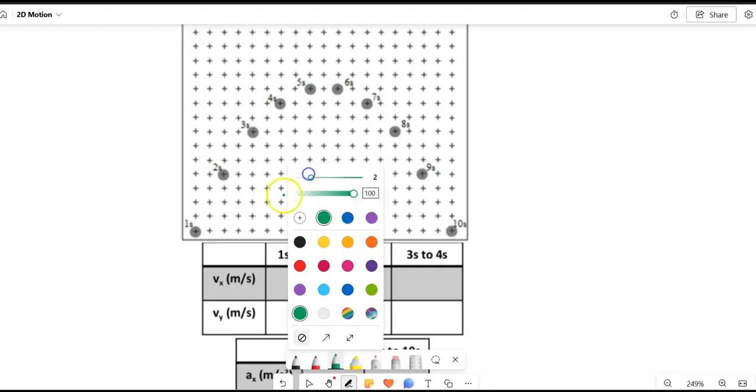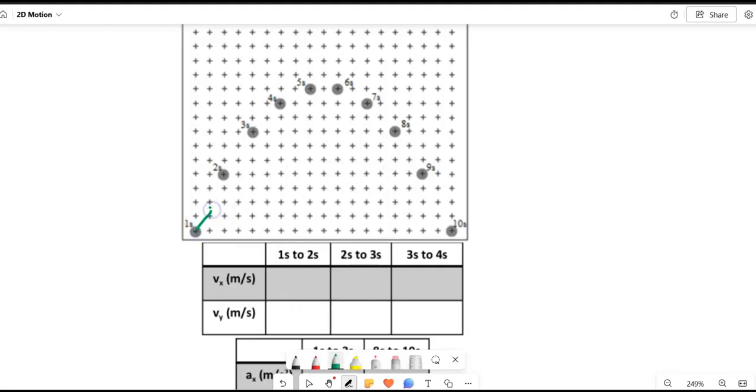Yep, that looks a lot better. So from 1 second to 2 seconds, it goes from here to here. And then from 2 seconds to 3 seconds, it goes from here to here. And so on and so forth.